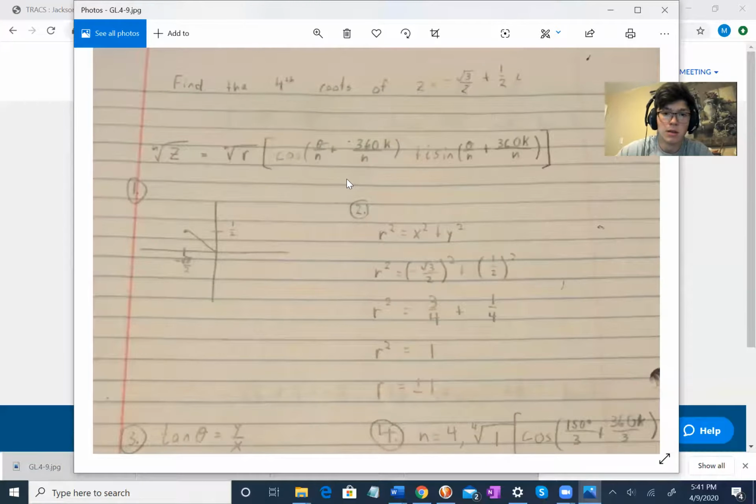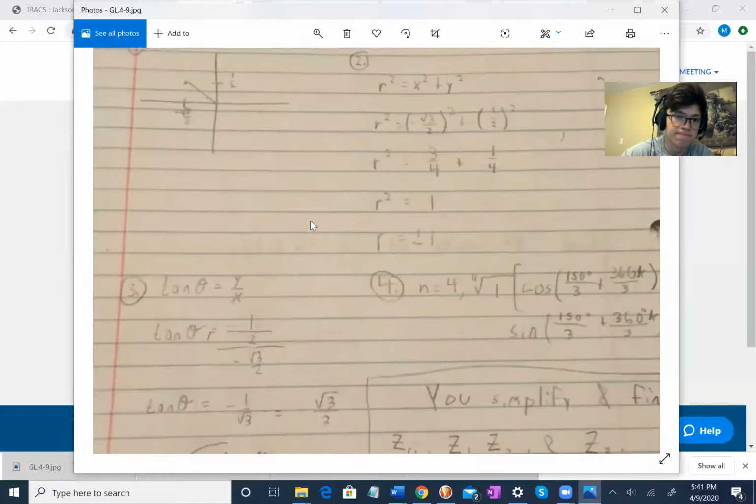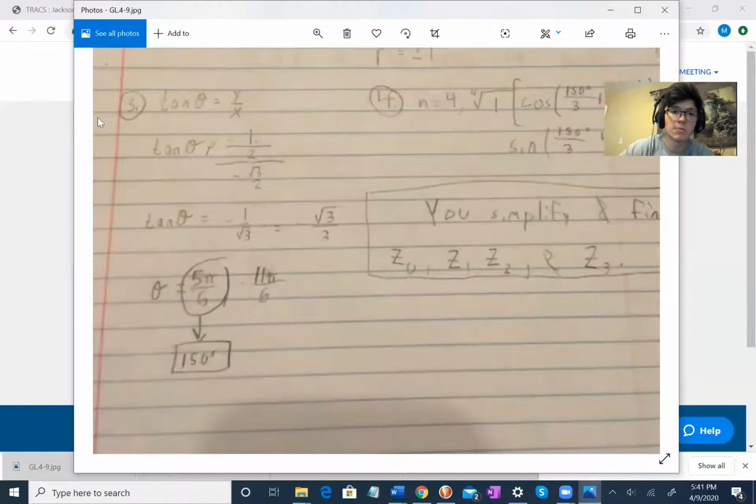Keep in mind, we were given a y and an x, right? Well, let's think about it. What trig function deals with y and x? Tangent theta. Okay, so come here to step 3. So we have tangent theta equals y over x.